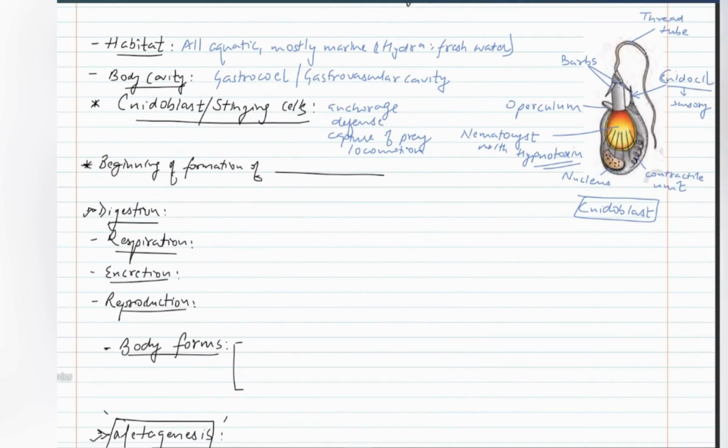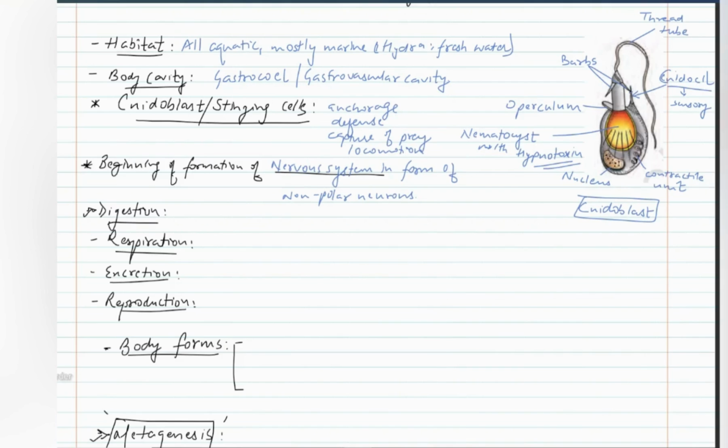Next, in the coelenterates, there is the beginning of the nervous system in the form of non-polar neurons. So in coelenterates, the nervous system starts to form.